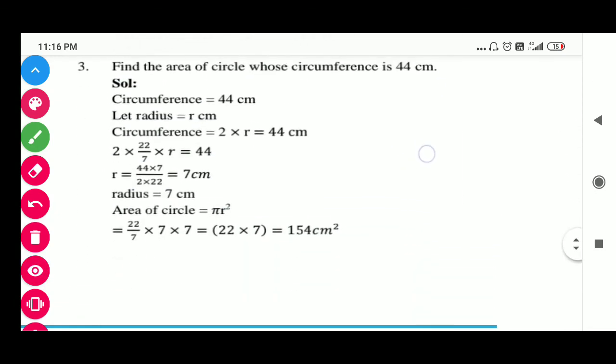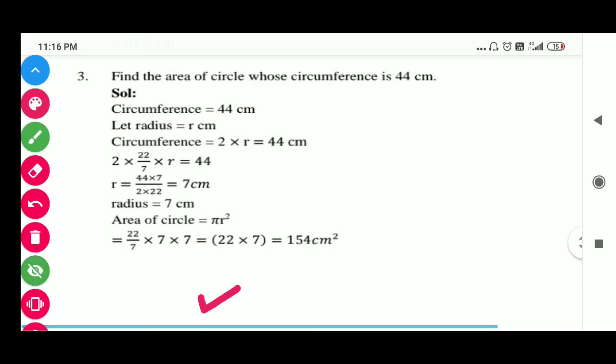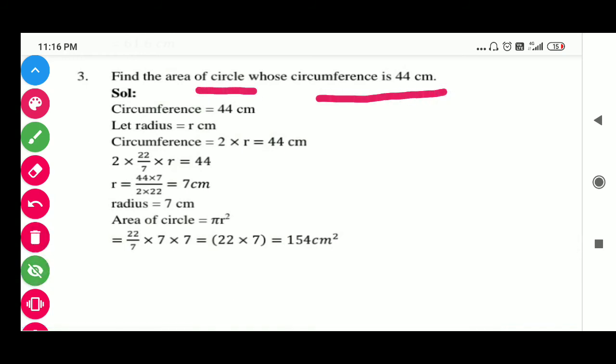Next question we have, find the area of circle whose circumference is 44 centimeter. In the previous question, area of circle was given and we needed to calculate the circumference. Now in this question, we have circumference 44. We need to calculate the area of circle. So circumference of circle is 44 centimeter.